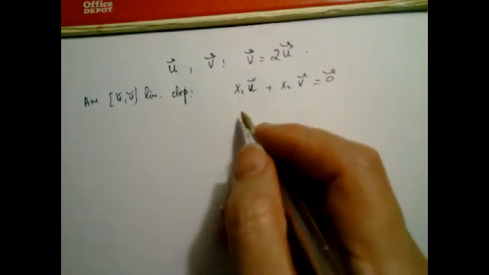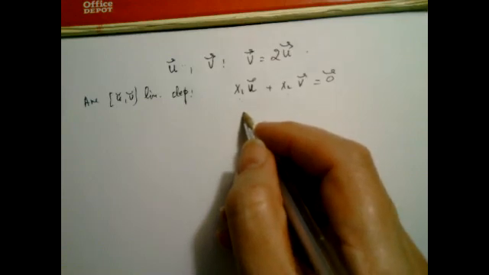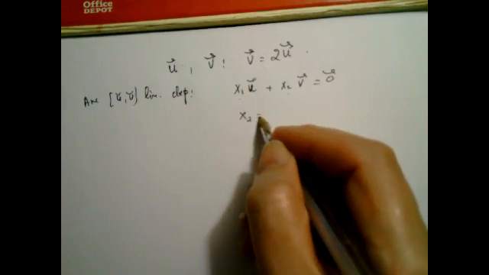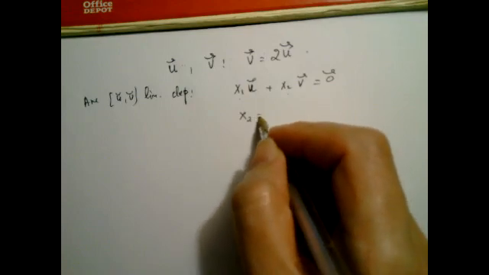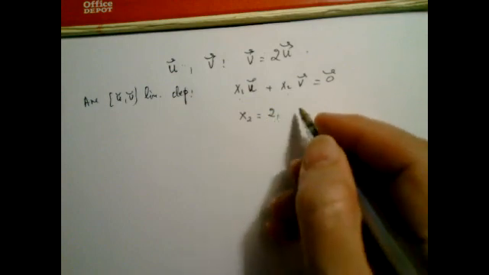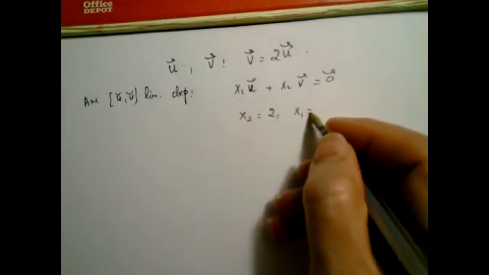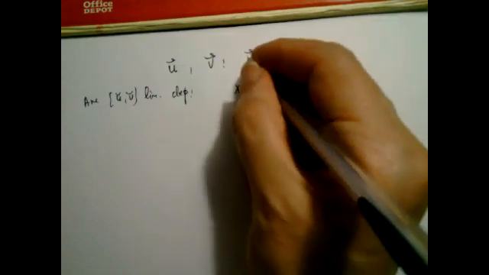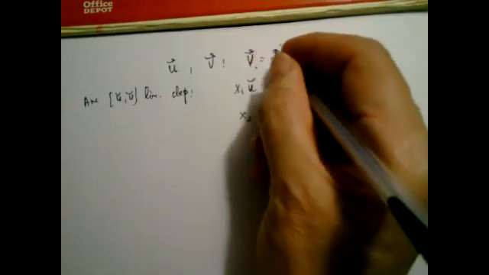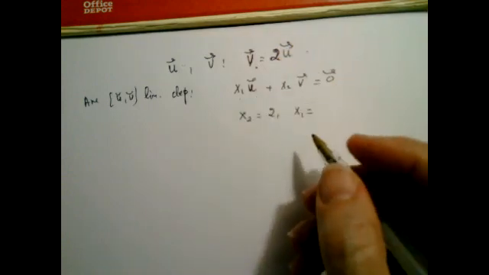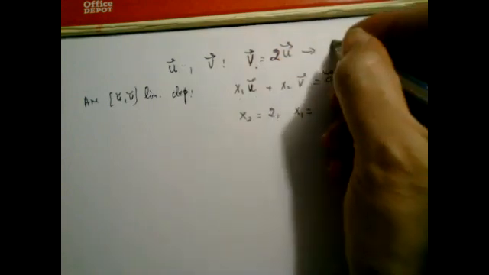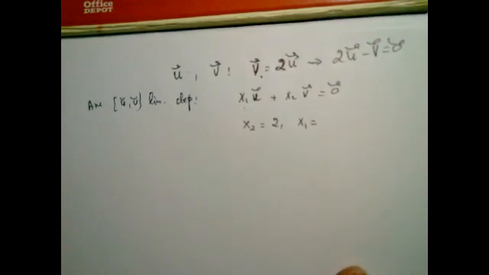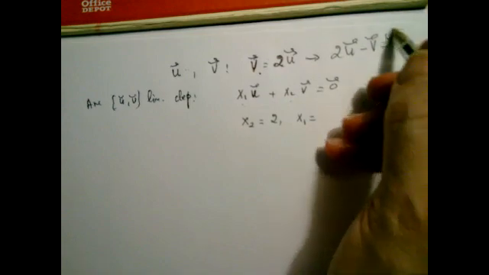You could do x2 equals 2 and then 1 for x1? No, it will not satisfy that. V equals 2u, so this means 2u minus v is equal to 0, right?